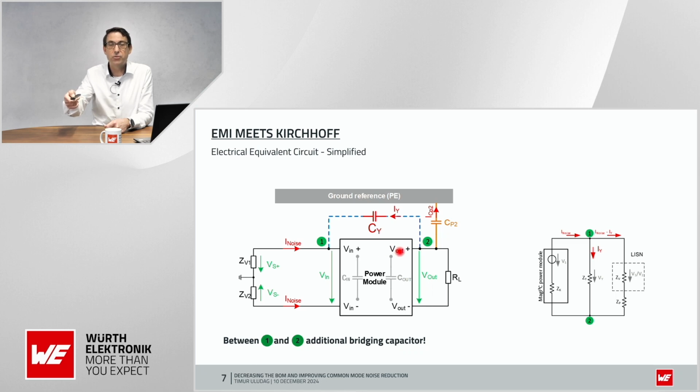Normally, as already said, it would go like this, but what we want is a branch circuit so that it circulates around the power module and within the power module. If we redraw this, then this would be the simple circuit on which we can now apply Kirchhoff's equations and try to find a simple equation for the value of the Y capacitor that is shown here.